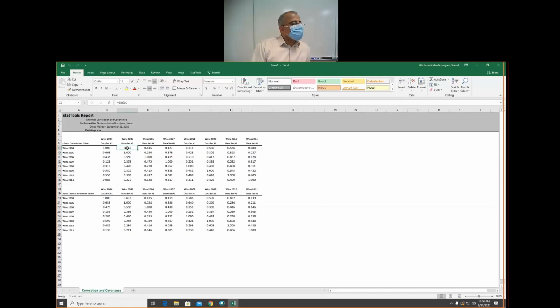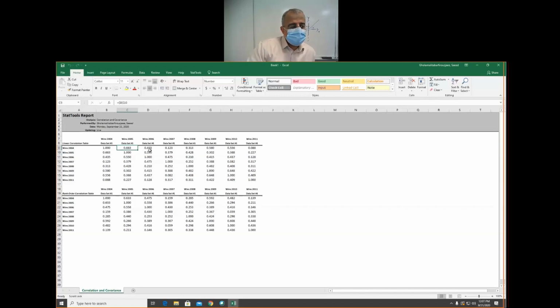Close to +1 means a strong positive relationship. A negative relationship is going to look something like this. This is a positive relationship: as x increases, y will increase too. And here as x increases, y increases too. This is the negative, this is the positive correlation. Okay?